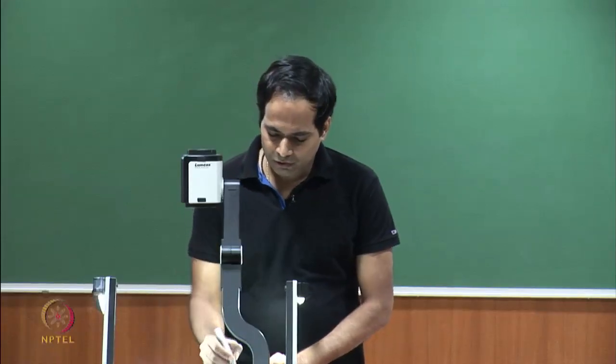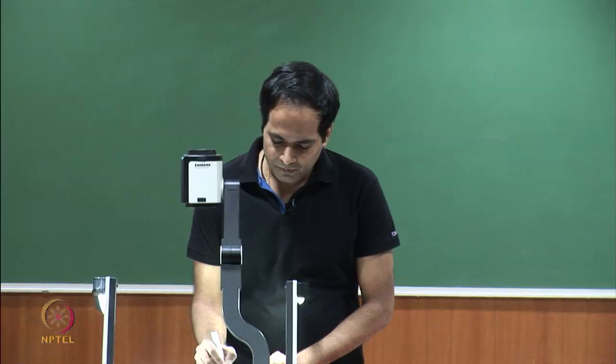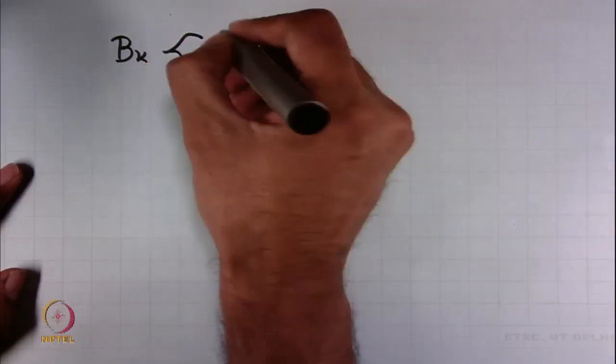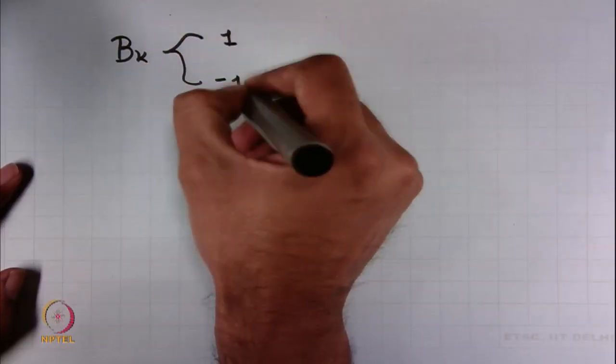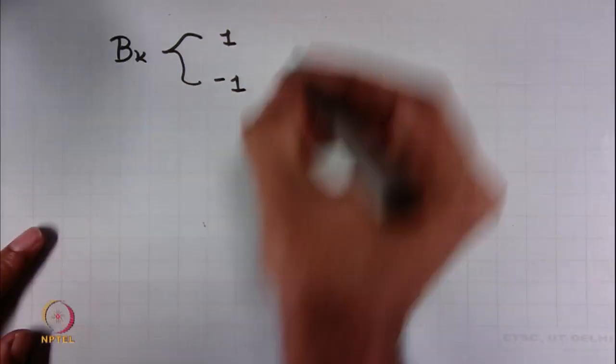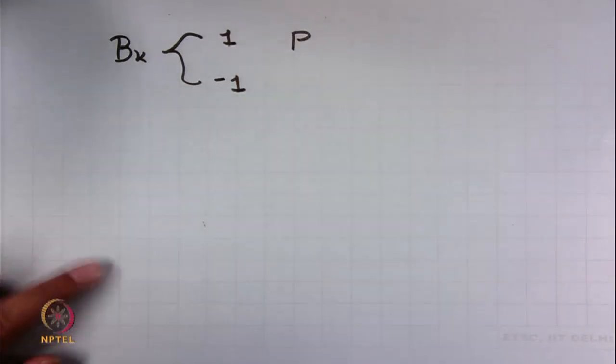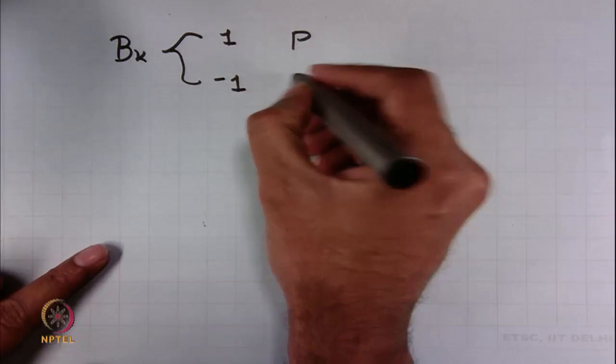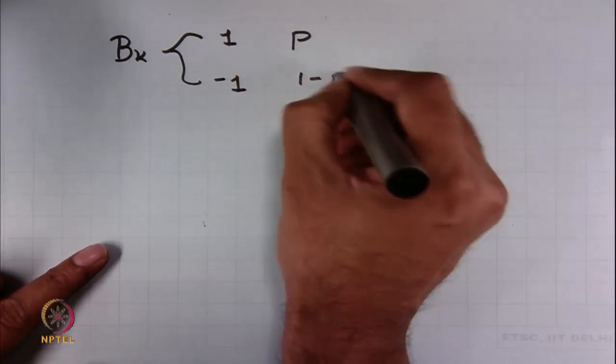So, if I think about this B_k, it takes in either value 1 or minus 1. Let us assume that it takes a value 1 with a probability p, and thus it will take a value minus 1 with a probability 1 minus p.